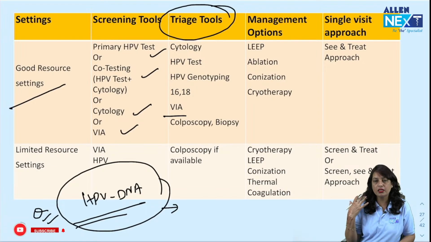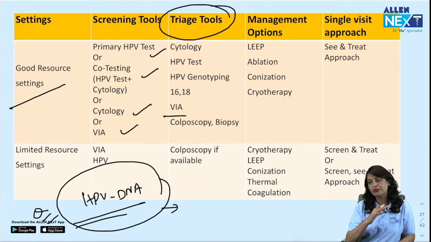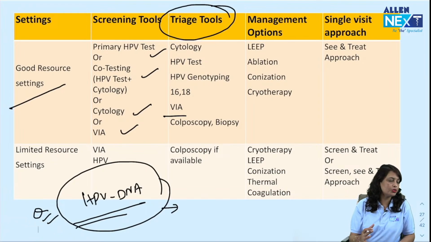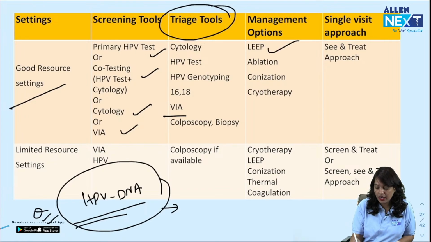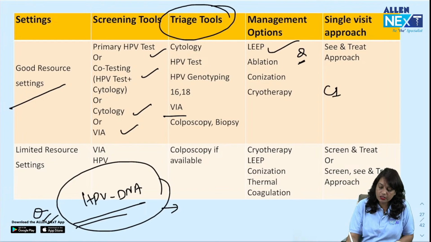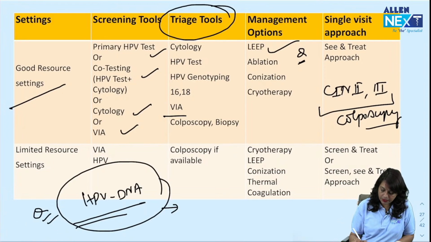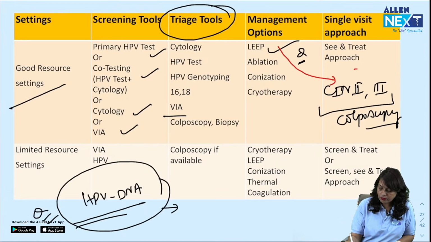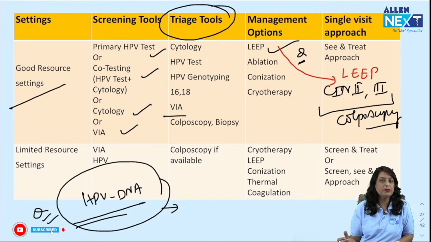If there is any CIN2 or CIN3 finding, that is HSIL, then we should go for a colposcopy, and if the colposcopic directed biopsy is also showing CIN2 or CIN3, then we have to go for an ablation procedure, and the best procedure for CIN2 or CIN3 finding on colposcopy is LEEP. LEEP is the best treatment modality for CIN2 and CIN3. What is LEEP? Loop electrosurgical excision procedure.